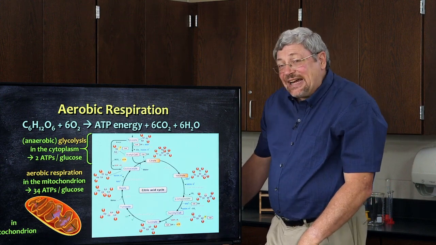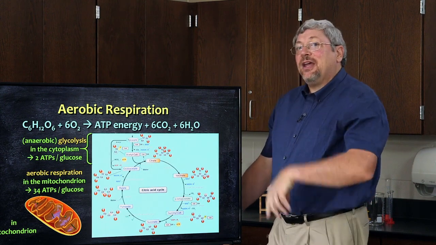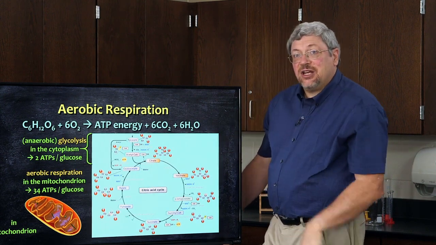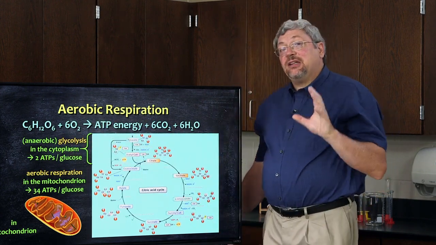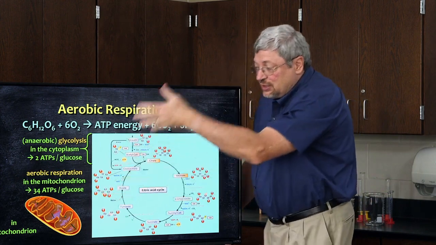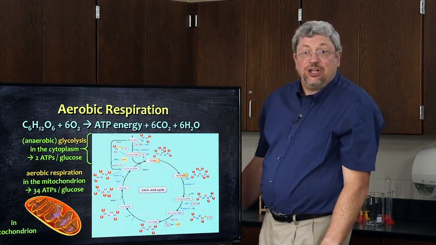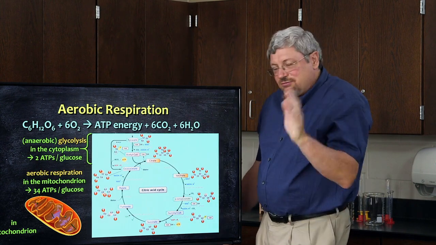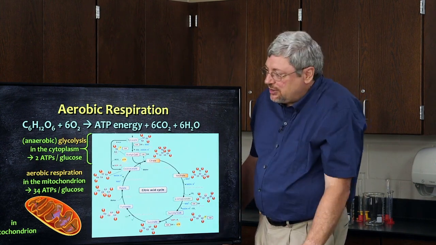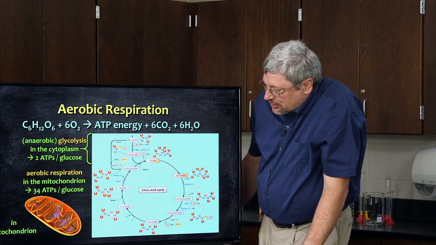It's 18 times as much energy as you do in the anaerobic stage, in the process in the cytoplasm. So a cell that has a mitochondrion can get a whole lot more energy out of glucose molecules than an organism like a bacterium that does not have a mitochondrion.